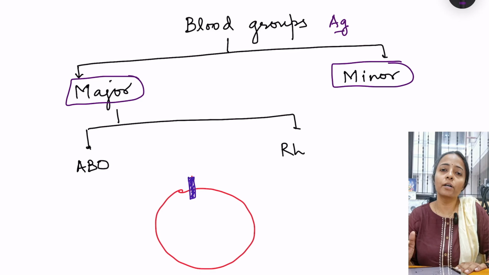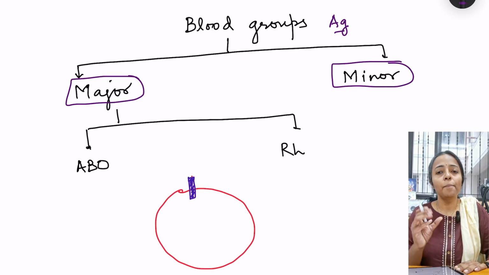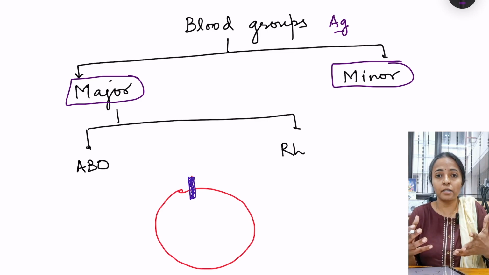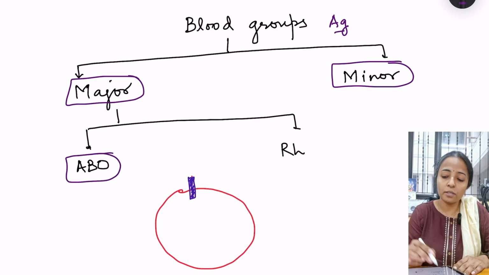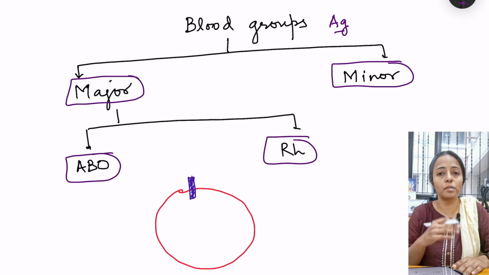Major blood group systems are the ones which have more antigenicity, that is, the ability to elicit an immune response is much more, and these include the ABO blood group system and the Rh blood group system.